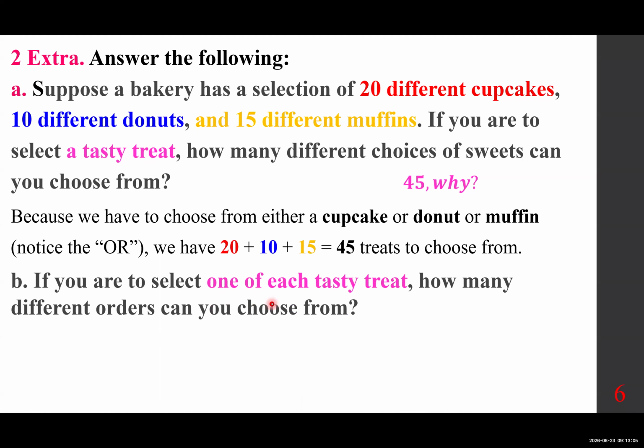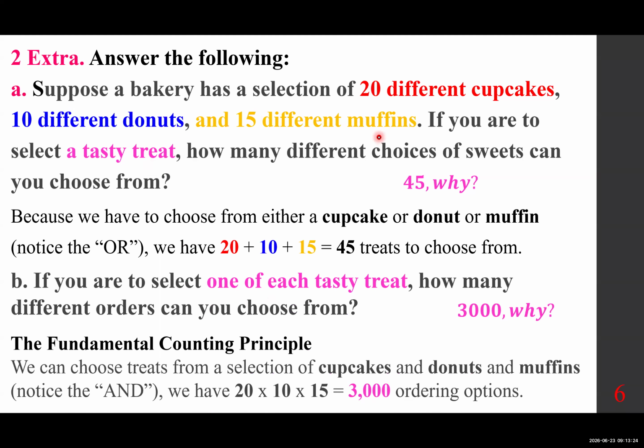If you're to select one of each tasty treat, how many different orders can you choose from? Now, this is interesting. So we want to distinguish between the two. We had one choice. Now we have one from each category, 3,000. Why is that? The fundamental counting principle. We can choose treats from a selection of cupcakes, donuts, muffins. And notice the and.